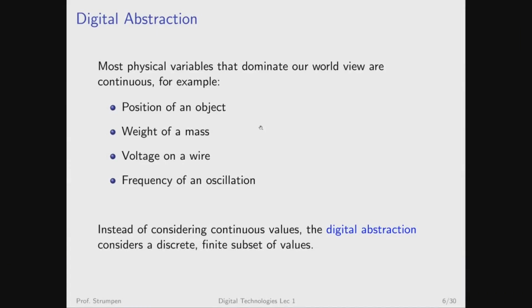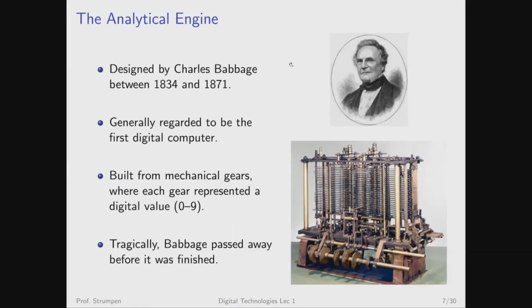So back to our slides, and this fellow here, Charles Babbage, is credited with building the first digital machine. And he did it by using mechanical gears, as shown here in the bottom right, where each gear represented a digital value, 10 of them, the 10 decimal digits, 0, 1 up to 9, and was able, or actually was almost able, to run computations on this mechanical machine.